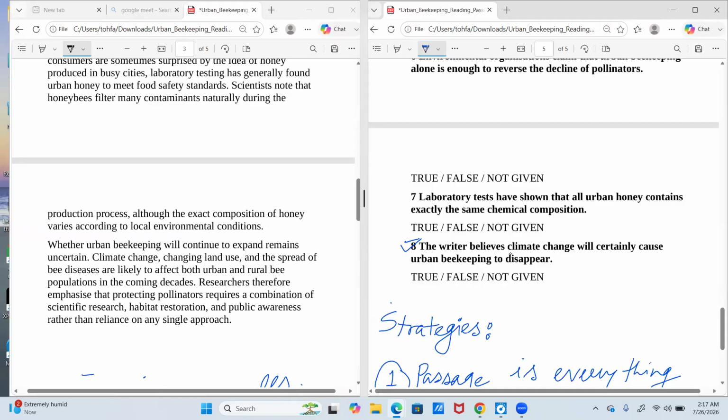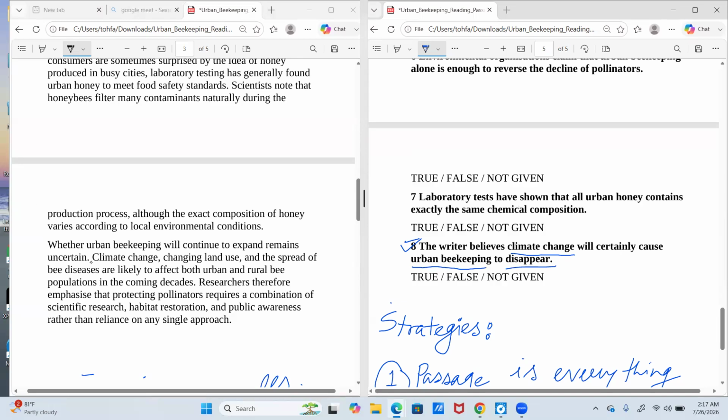So here our clue is climate change. Climate change will cause what? Urban beekeeping to disappear. So our statement is saying that due to climate change, urban beekeeping is going to disappear. So we need to ensure whether it's true or not.